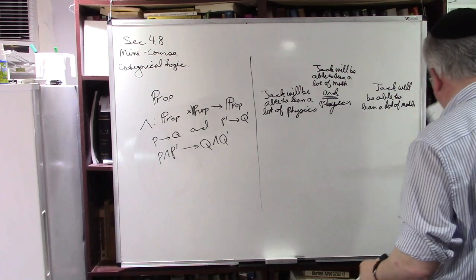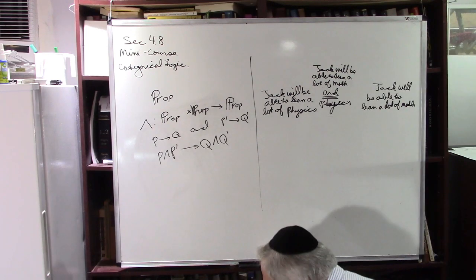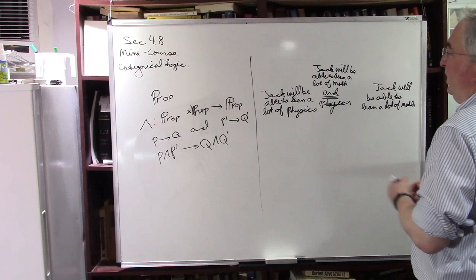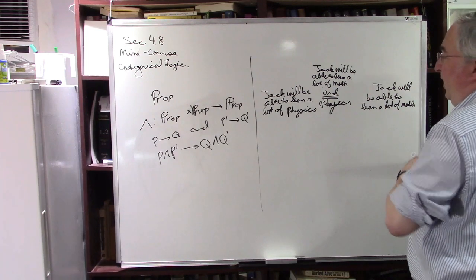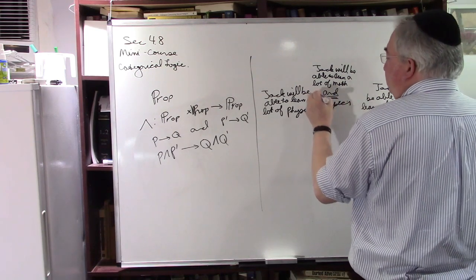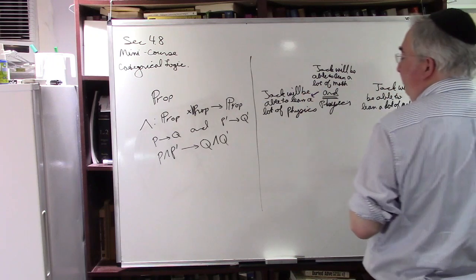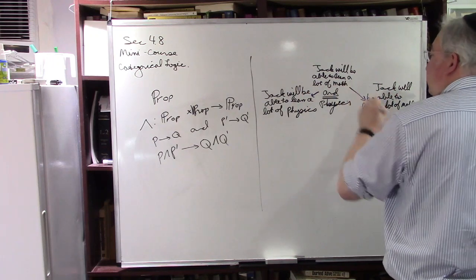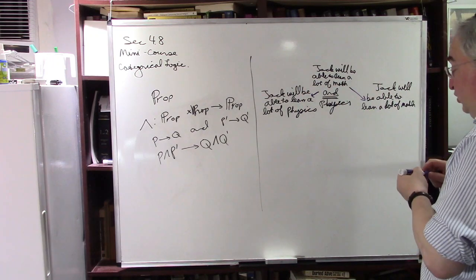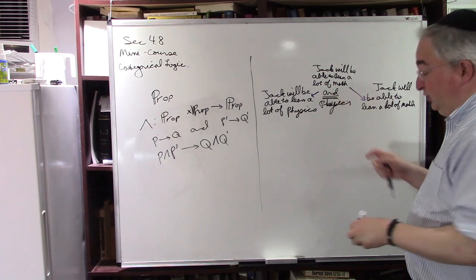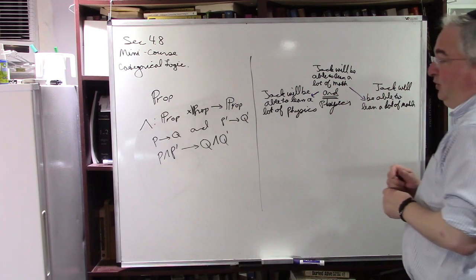I'm sorry, it's a little bit close to each other, but that's okay. Main point is, if Jack will be able to learn a lot of math and physics, that means Jack will be able to learn a lot of physics, and it means Jack will be able to learn a lot of math. So those are projection functions from this AND operation.